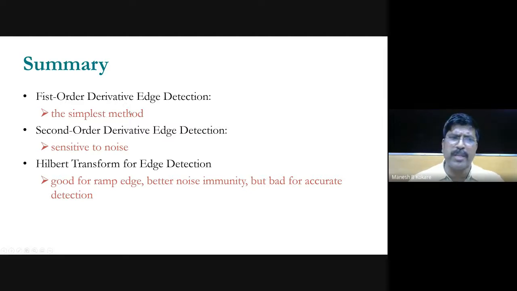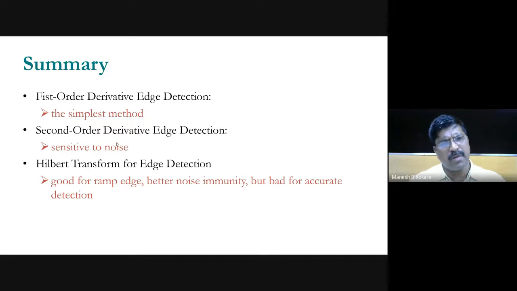So the overall summary is that the first order derivative edge detection technique is the simplest method, but what is the problem? The problem is that there is noise, as well as in the Sobel edge detection technique. It gives you a wide edge, or the thickness of the edge is larger. Whereas the second order derivative technique is very sensitive to noise, but this can also be overcome, as I said, with the help of Laplacian of Gaussian and so on.